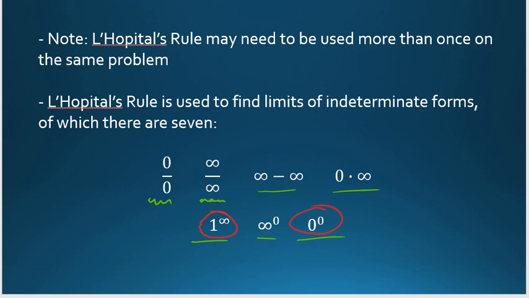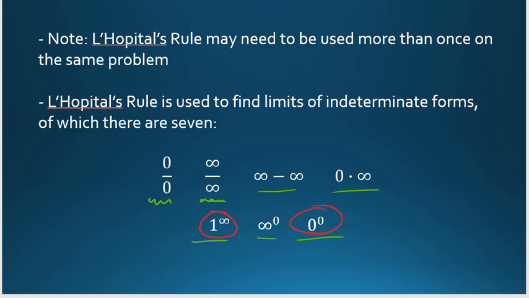Now, the idea behind L'Hopital's rule, what this rule is really doing, is saying we can determine the limit of the quotient of two functions by looking at their relative rates of change. Keep in mind that for a function f, f prime tells us about the rate of change of f.